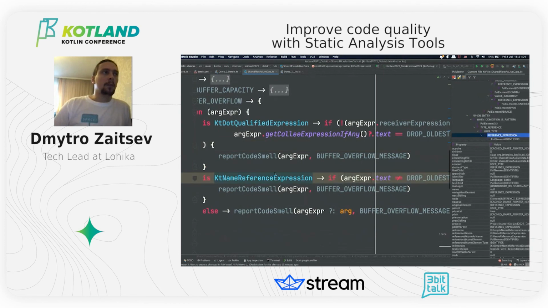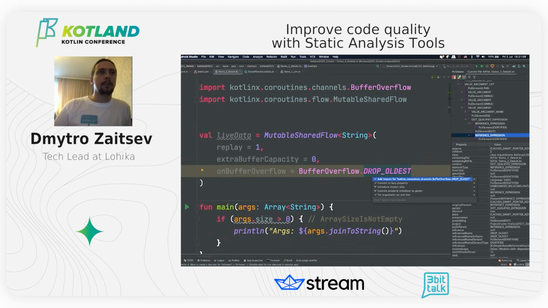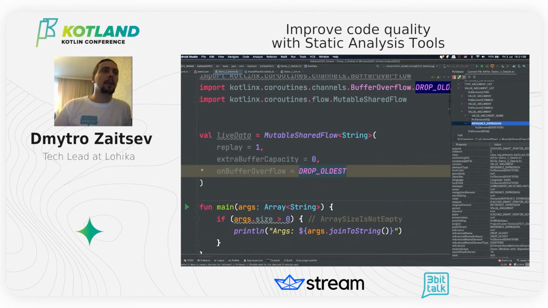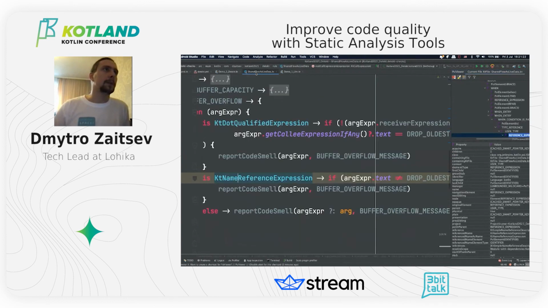And one more case to check is when you, for some reason, added an import for that. So it's not a dot qualified expression anymore, but a reference expression with the identifier called drop oldest. So we can cover that case in our rule as well and allow that.